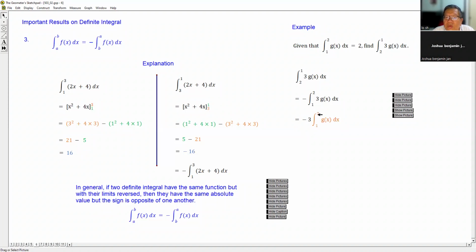This integral from 2 to 1, g(x) dx, is exactly the same as this. And what is this? This is 2. So now, this orange color is actually 2. I replace it with 2. And you get negative 3 multiplied by 2. And the answer is negative 6.